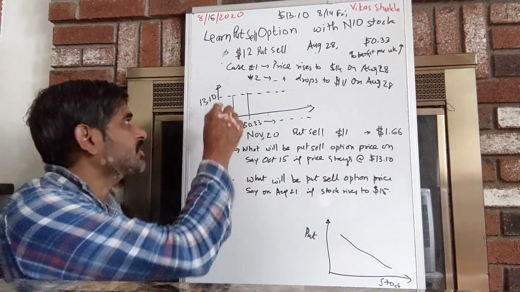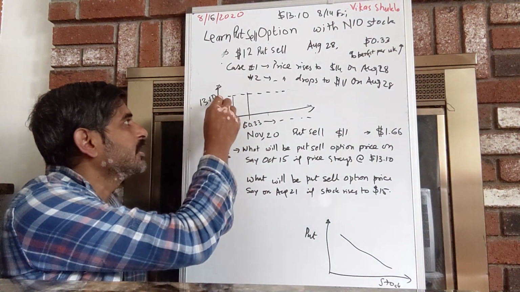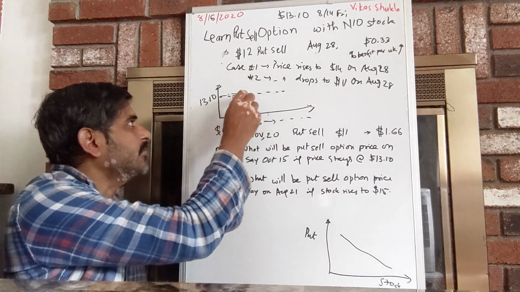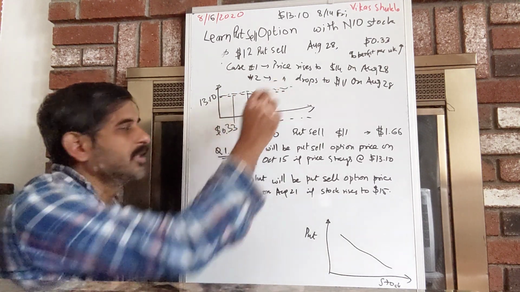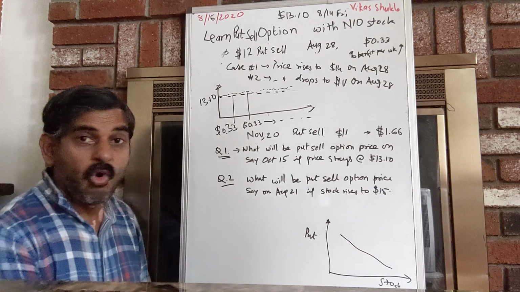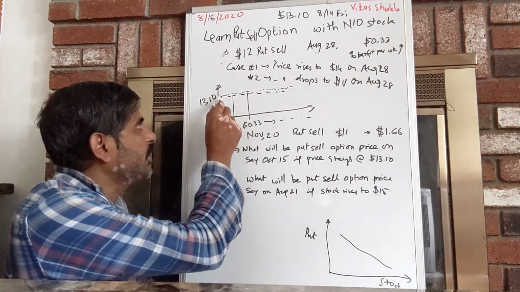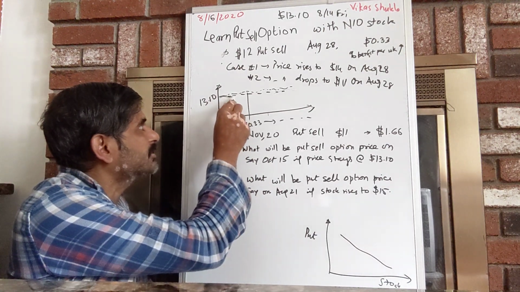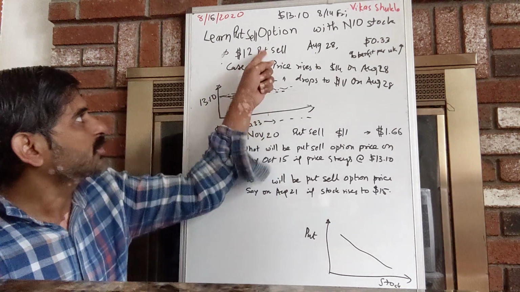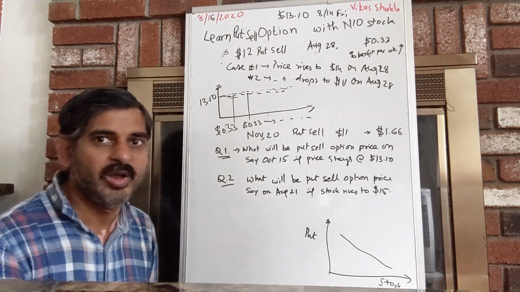Or if the stock increases a little bit sideways, then also you keep collecting. Or the stock could keep going down, and every time it hits just above your strike price, about $12.